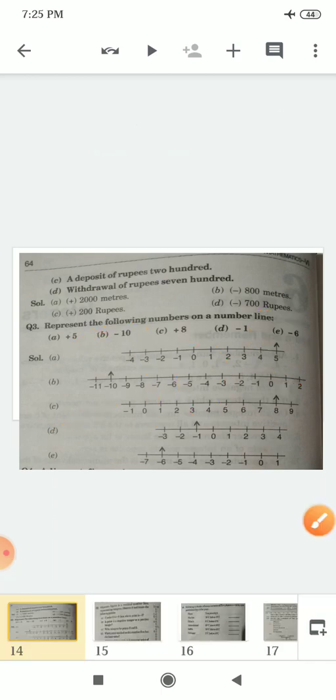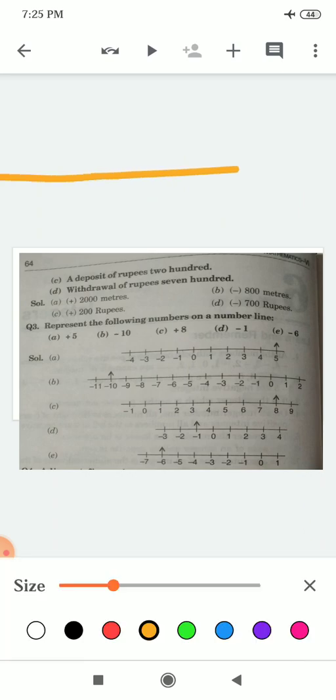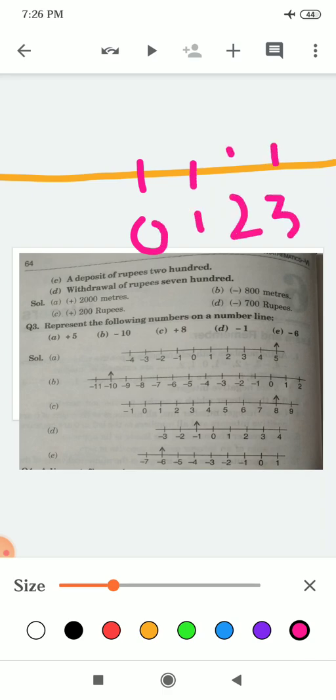Moving to question number 3, we have represent the following numbers on a number line. It is very easy. You have to just draw a number line. In the center you should take 0. Here 1, here 2, here 3, here 4, and here 5. Okay. Sorry, it is not properly visible.